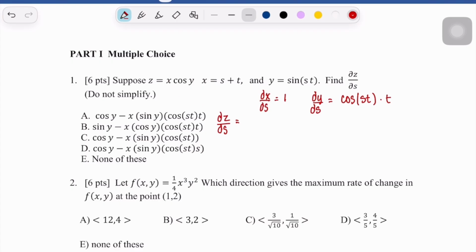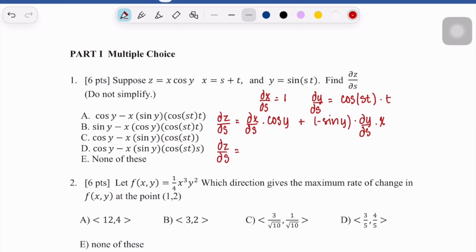So the derivative of x is dx over ds, times the second function, cosine y, plus the derivative of the second function, negative sine y dy over ds, times x. Now we just plug everything in.